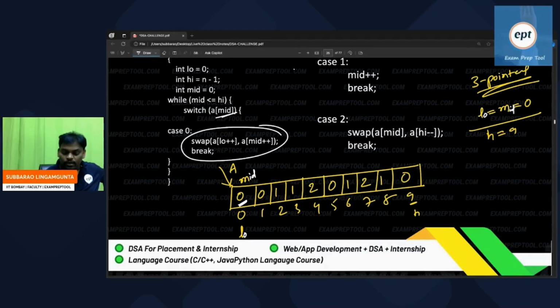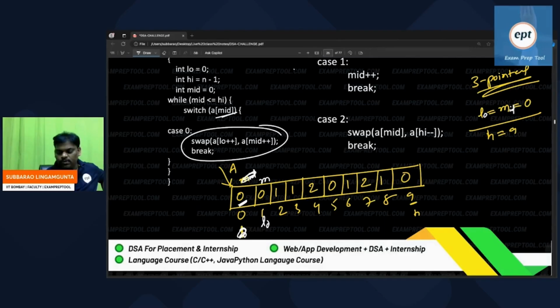And not only that, low also increments, mid also increments. Whenever 0 comes, swap A of low, A of mid, and afterwards increment also. What is the reason? You will see that.